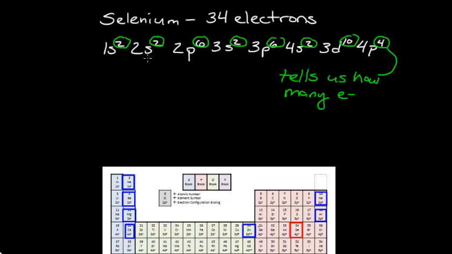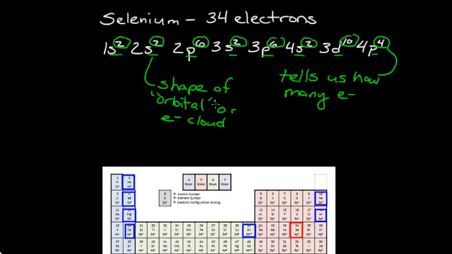On the other hand, when we look at our letters, the s's, the p's, and the d's, what do these represent? These are telling us our shape, the shape of our orbitals. In chemistry or physical science, an orbital is the same thing as the shape of our electron cloud.